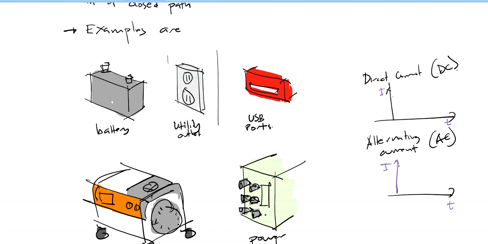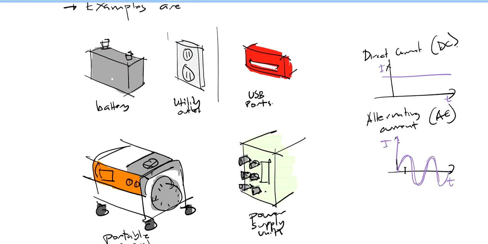The direct current has this graph, just something like a straight line. It's constant all throughout, whereas the alternating current alternates. There are still many other waveforms, but this sinusoidal waveform is what we have for these utility outlets.